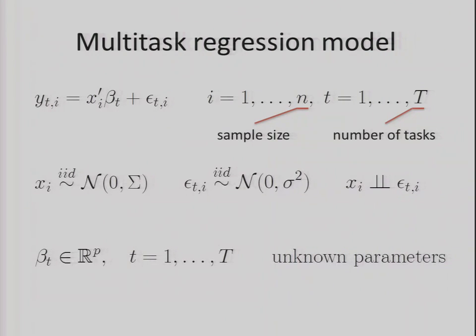This is a p-dimensional vector, and epsilon ti is an unobserved noise, and yi's are dependent variables arising from this model. These are observed, and so based on xi and yi, we would like to infer something about unknown regression coefficients. And in this multitask regression problem, we're going to assume that the regression coefficients are somehow related between different tasks. The noise is going to be independent from the predictor vector.